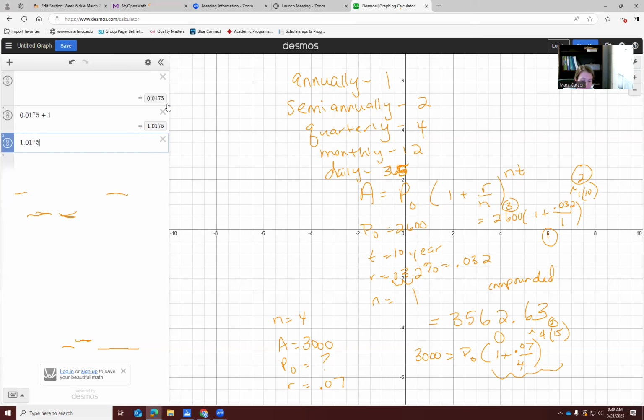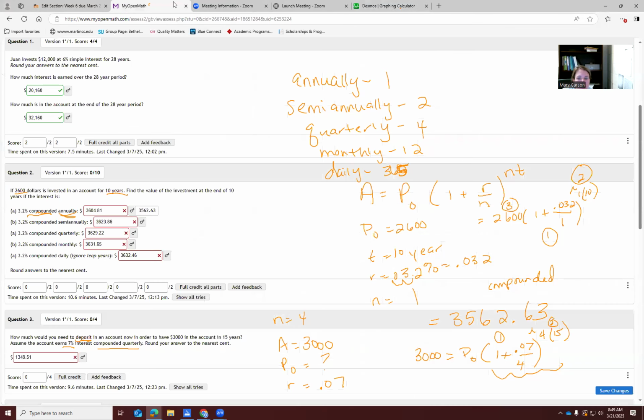I'm going to do the caret top button, which raises it. It's like above the 6. And then I'm going to put parentheses around 4 times 15. See how I do that? Keep the parentheses around it. And you get 2.8318162. Okay, so I'm going to remember that number.